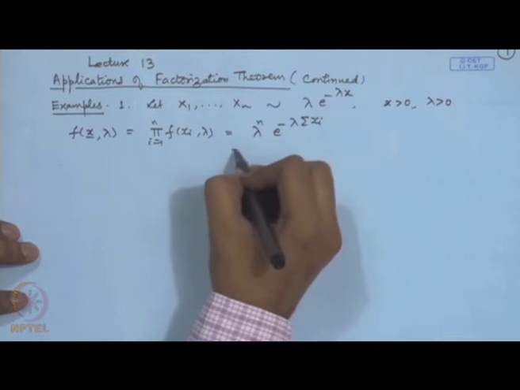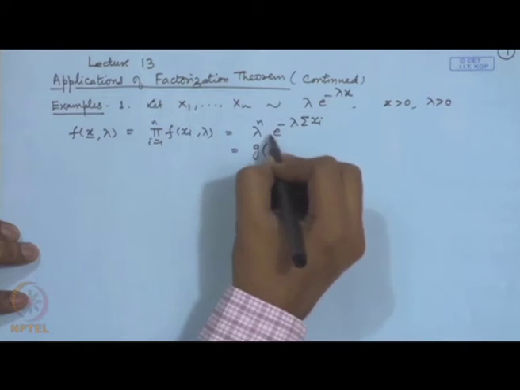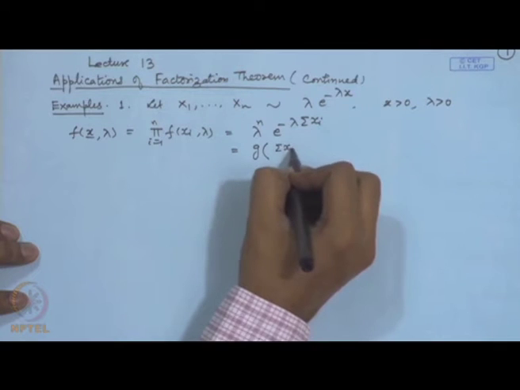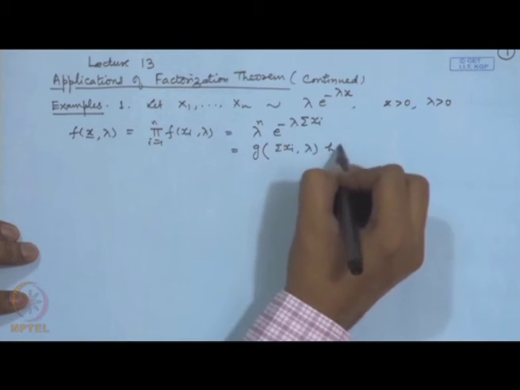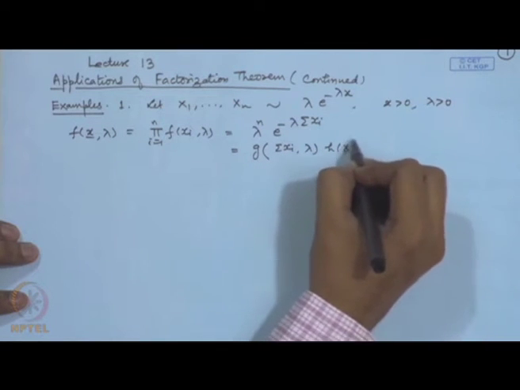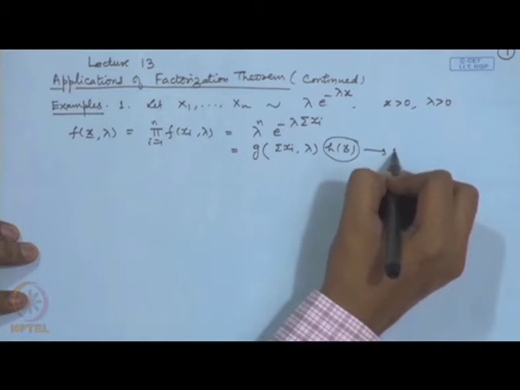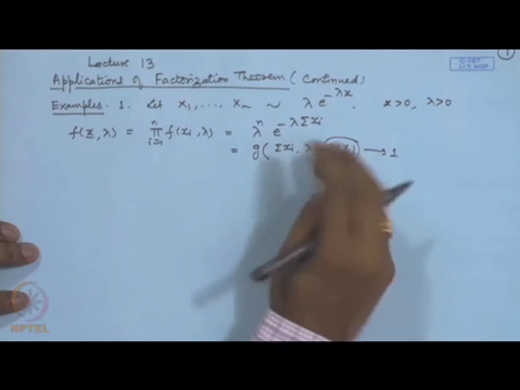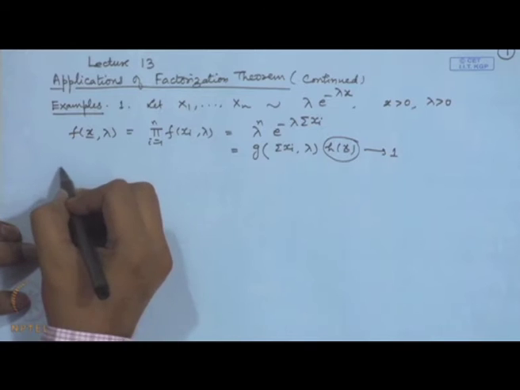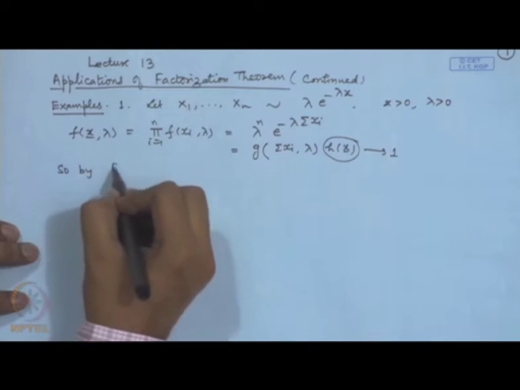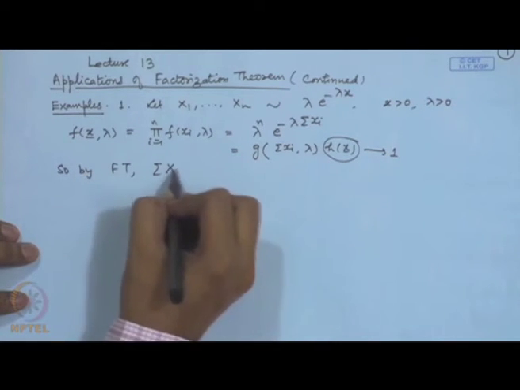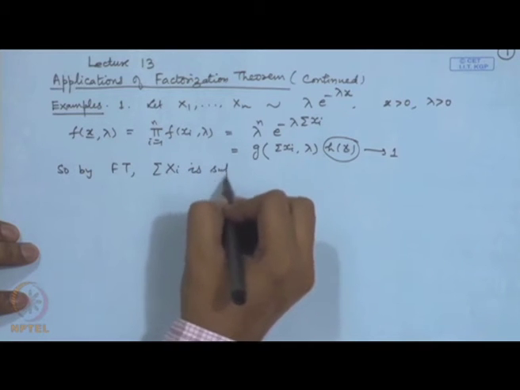Now, this whole thing we can write as a function of sigma x i and lambda, and h of x. This h of x I am taking to be 1 itself, the constant. So, you can see by the factorization theorem, sigma x i is sufficient.